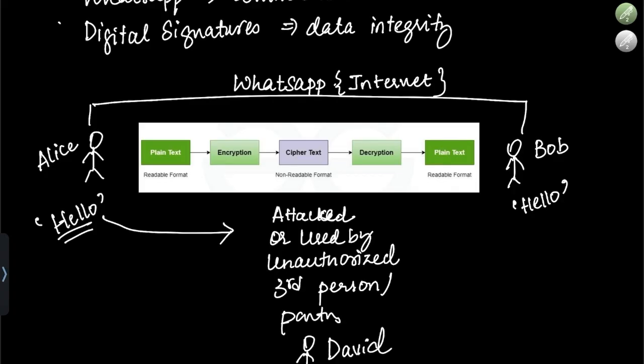David has got the message hello here. Because it is a general message, it's fine now. But then what if it was an OTP or any secure document? Then he would have made wrong use of that document, right? Wrong use of that OTP and all. So in order to avoid this situation, we'll be making use of cryptography. So let's see what happens in that.